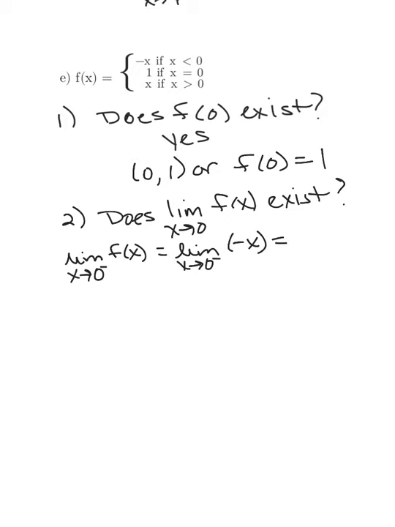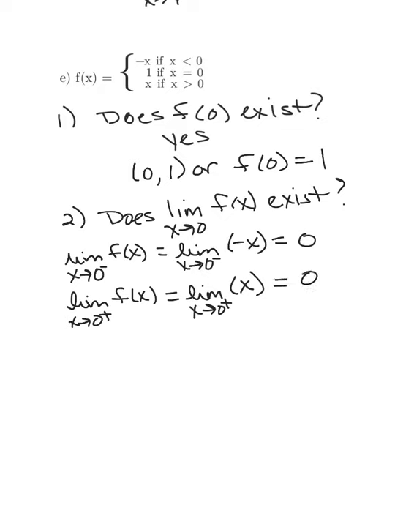And if you put 0 in for x there, you just get 0. Now do the limit as x approaches 0 from the right for this function. If you are looking for the items that are greater than 0, then you are using the bottom row, which is the function x. And if you put 0 into that, you get 0. Did we get the same answer for both limits from the left and the right? Yes, we did. So we now know that the limit as x approaches 0 of this whole function is 0.